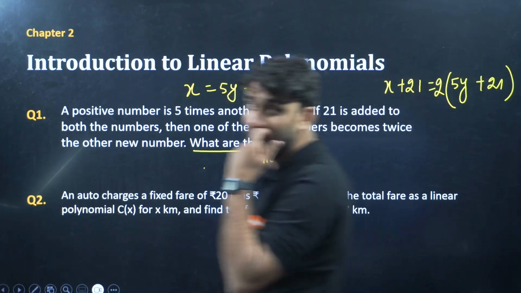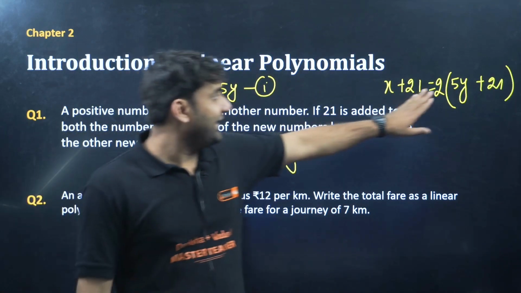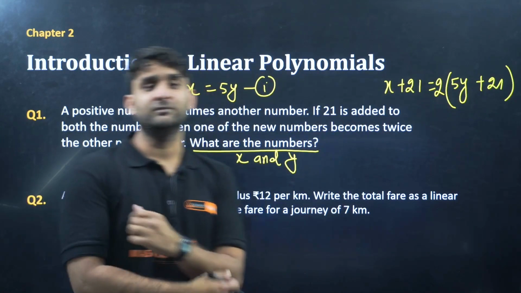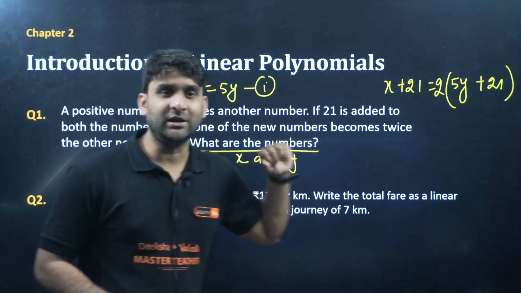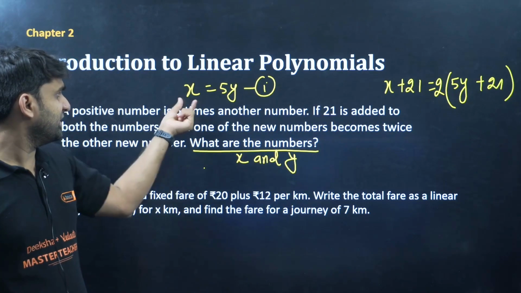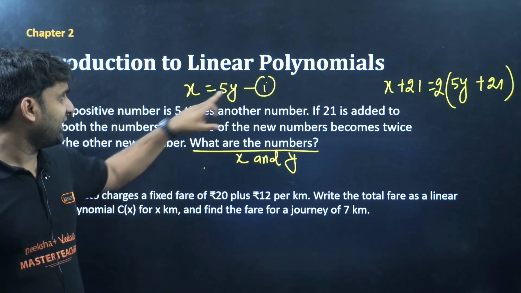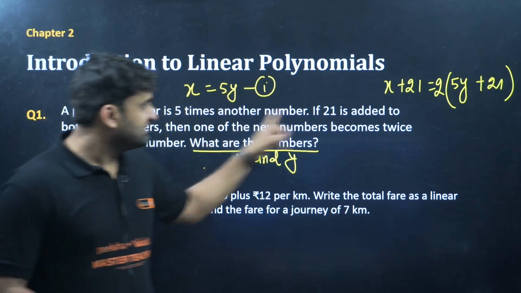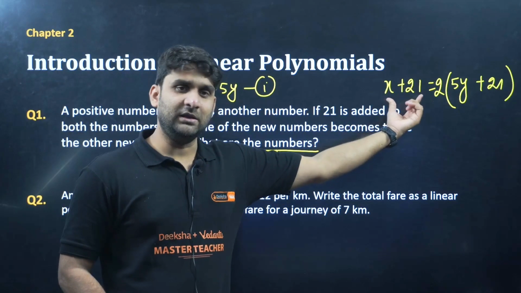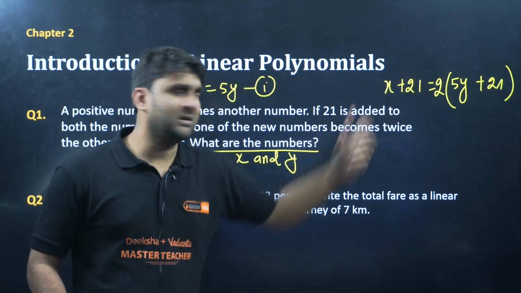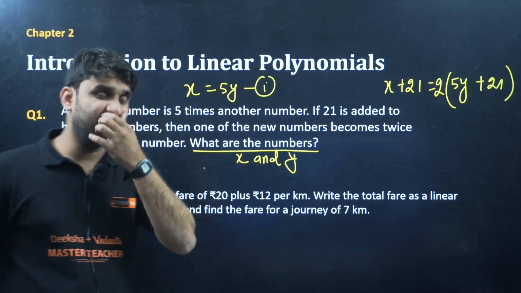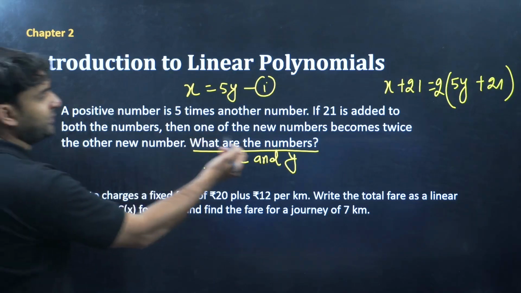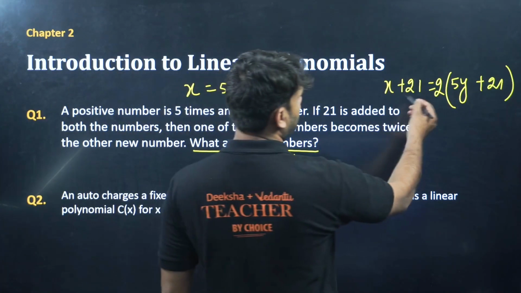Clear everyone? Obviously this will be the greater number, because in the first equation x is greater and y is smaller. So in the second statement, again the left hand side will be greater than the right hand side, because x is already greater than y. So this will be the resultant equation.